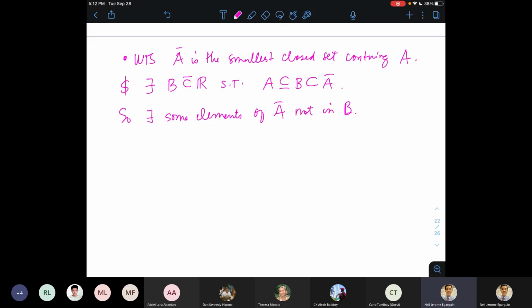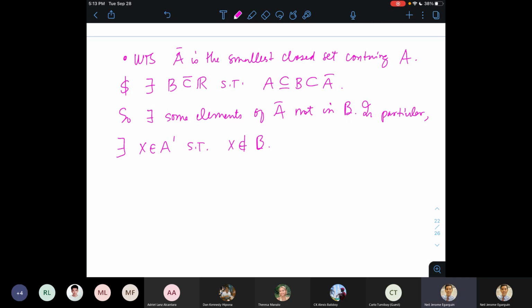So in particular, I can say there exists a limit point, say x, a limit point of A. I denote that by x element of A prime, such that x is not in B. Alright, clear ba yan?